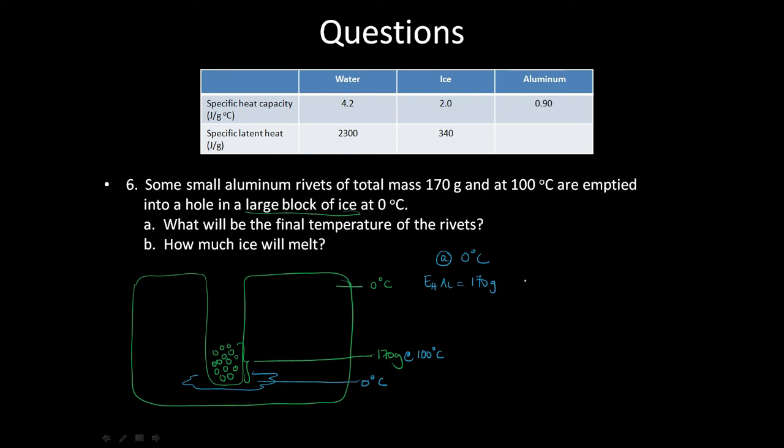So we're going to use Q equals mc delta T. So mass times the specific heat capacity, which is 0.90 joules per gram degree Celsius. That's c. And the temperature change would be 100 minus 0 degrees Celsius, and that's the delta T right there.